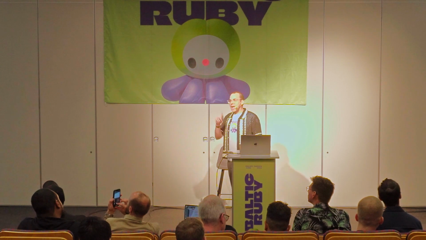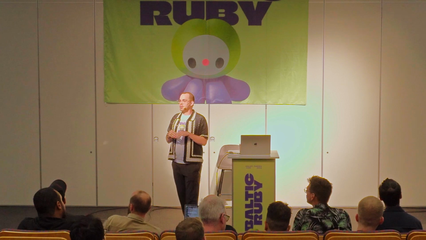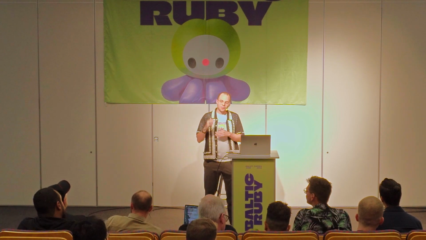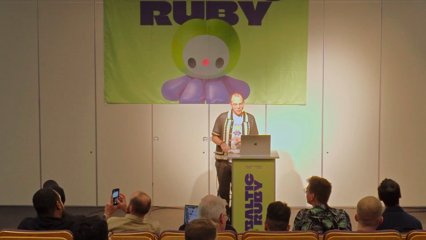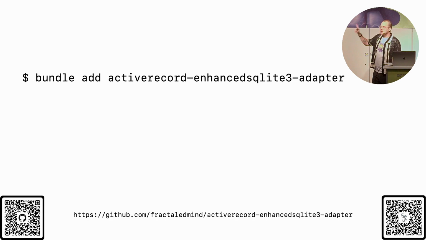The key point is, how do we make this true? Well, the first one is true by default in Rails as of Rails 7.1. That's nice, right? So we want to get to a place in Rails 8 where the first 4 of these are true. It'll be a while till the 5th one is true, but the goal for Rails 8 is that the first 4 are true by default. But until then, that is what the enhanced adapter is going to be giving you.